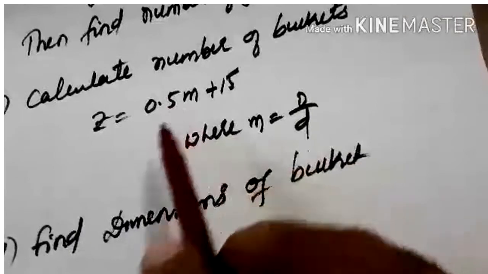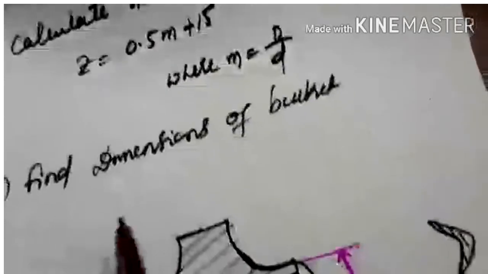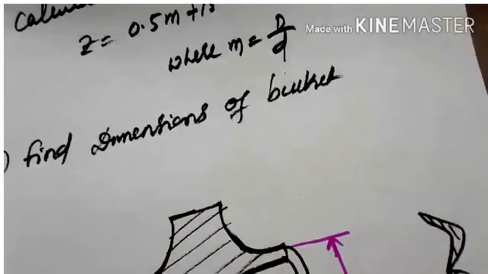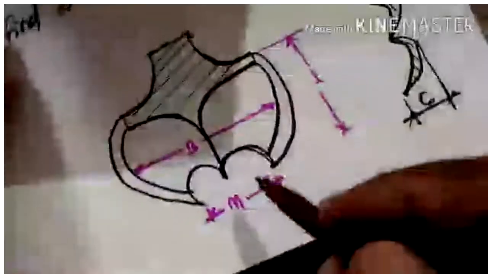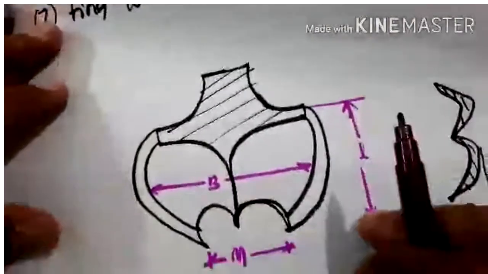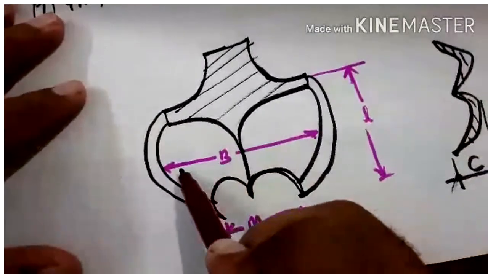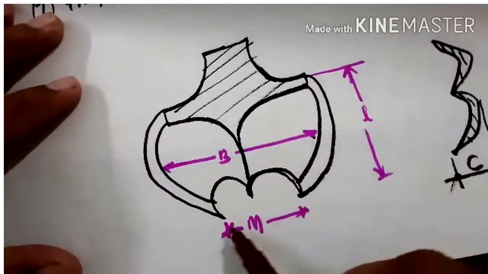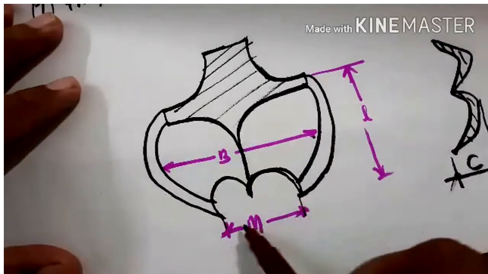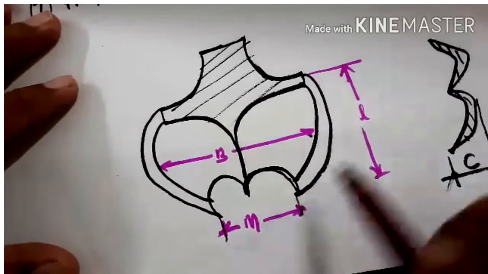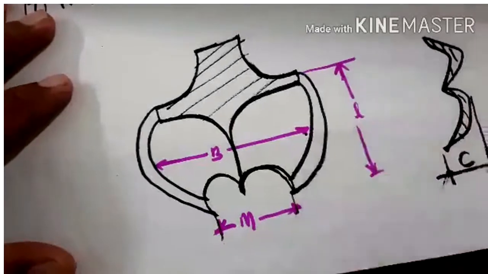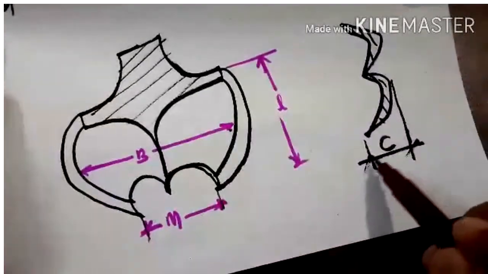After calculating the number of buckets, you have to find the dimensions of the bucket. The dimensions of the bucket means, as we know, this is the shape of the bucket. We need to calculate what is the width of the bucket, what is the groove size, then what is the radial length, then the depth of the bucket.